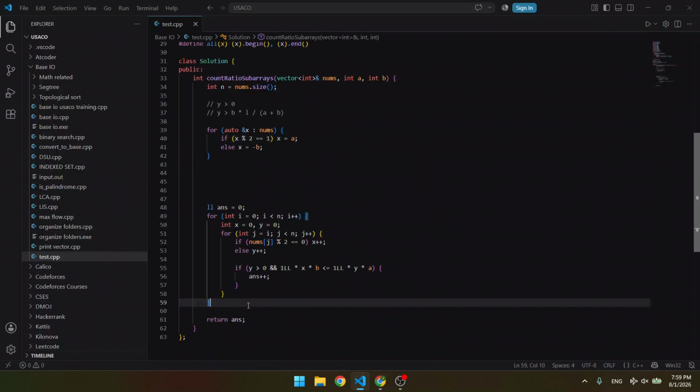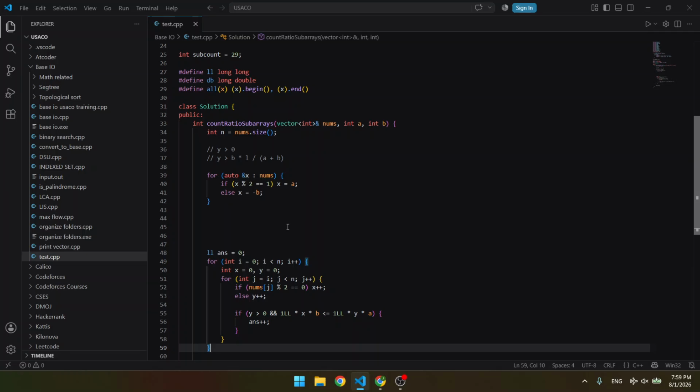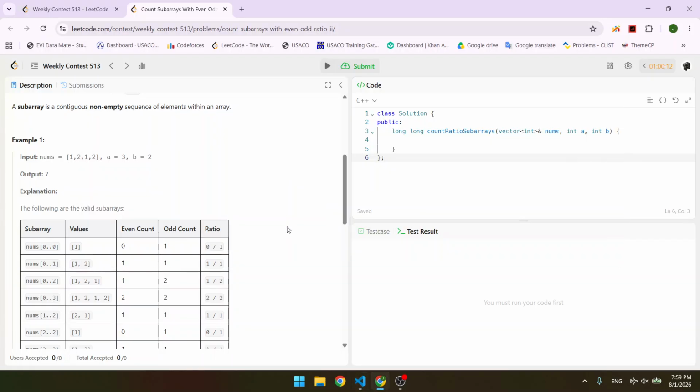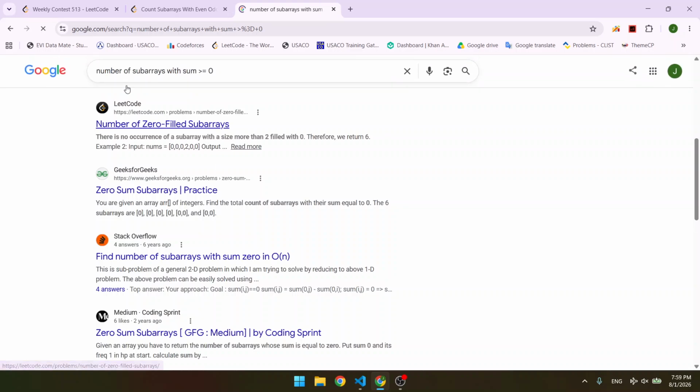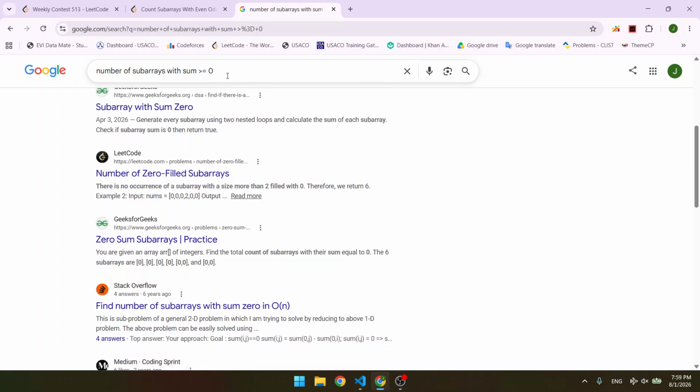I think you can use, you have value and you have number of subarrays with sum greater than or equal to 0.